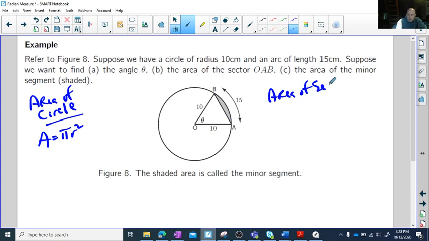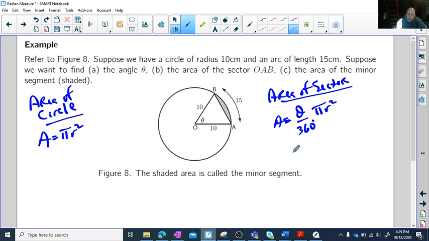So the area of a sector would be that angle. You basically want to figure out what fraction of a full circle this is. Well, in a full circle, I know there's 360 degrees if I'm in degrees. So if I'm in degrees, it would be theta out of 360, and then you'd multiply it by the area of your circle.